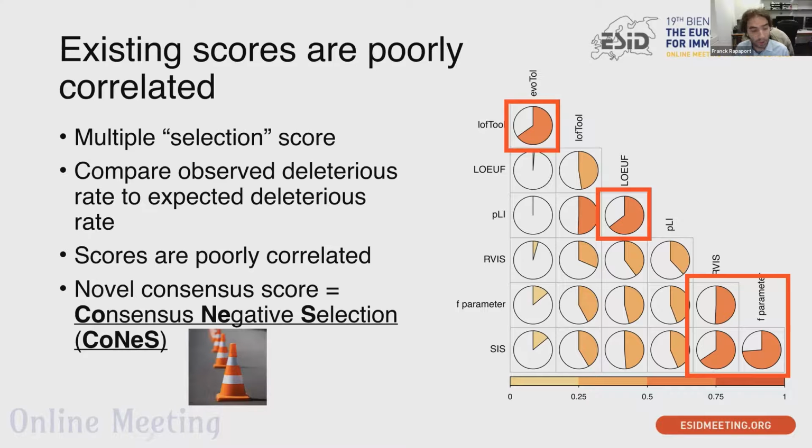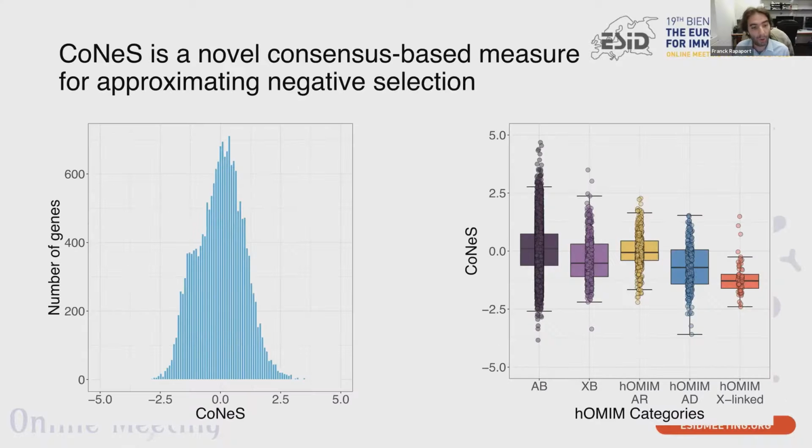On the left-hand side, I'm showing you the distribution of this score on the human genome. It's a score that has a mean of 0, centered on 0, and a standard deviation of 1. A negative value of this score is correlated with stronger negative selection.